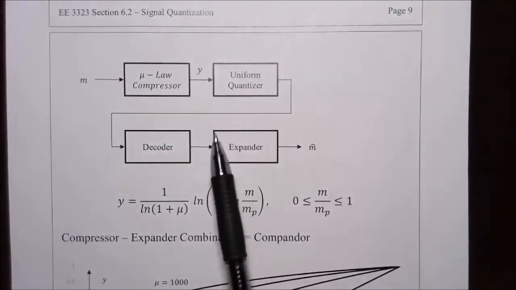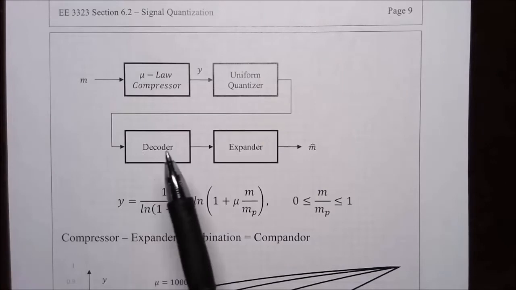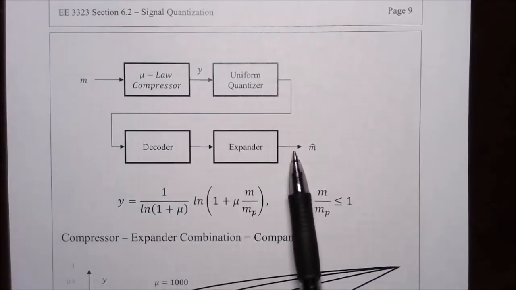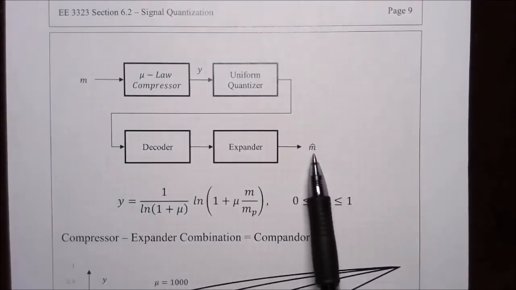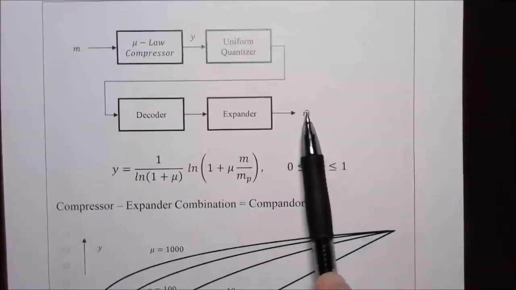And then there is a circuit called an expander that reverses the effect of the compressor, and we retrieve our approximate signal from the sampled values.